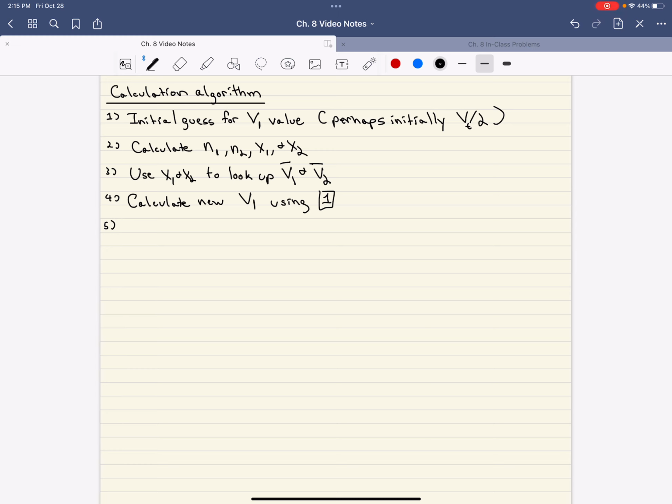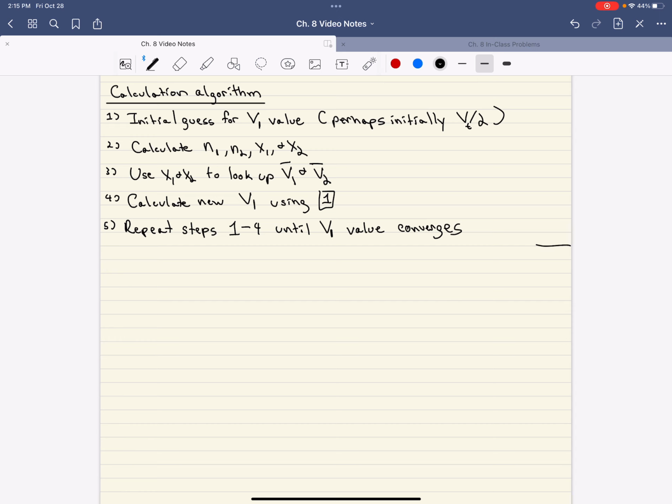And what we do is we then just keep repeating the calculation until the V1s we calculate basically converge, or they don't change upon subsequent iterations. Okay? All right, so that's the premise of this sort of guess and check approach.